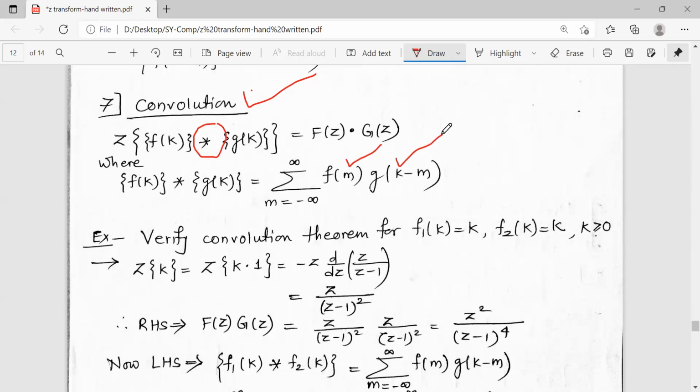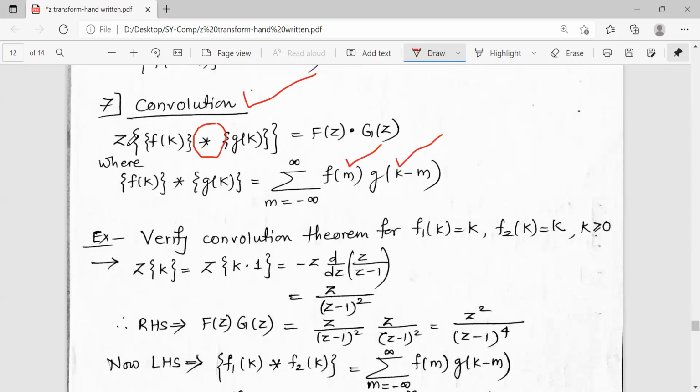Here f and g are the two sequences. The convolution of these two is the summation of one function multiplied by the shifted second function, that is g of k minus m, where m ranges from minus infinity to plus infinity.